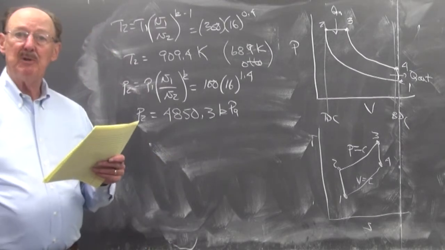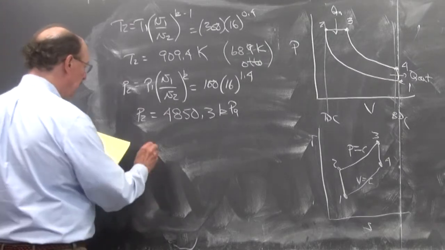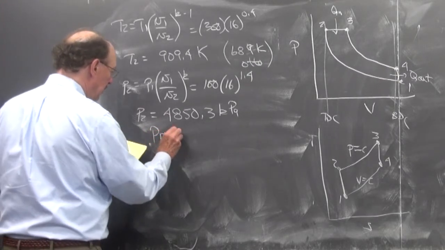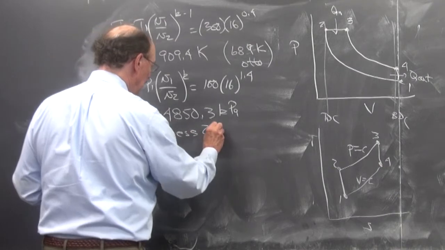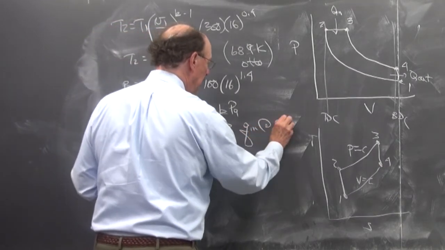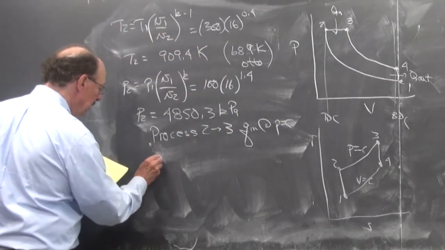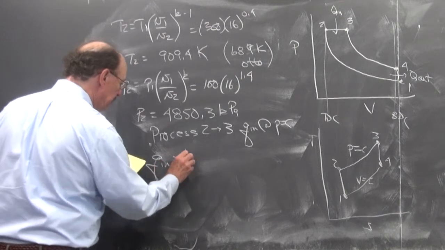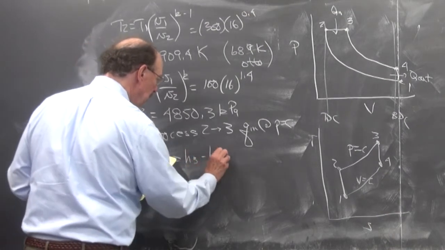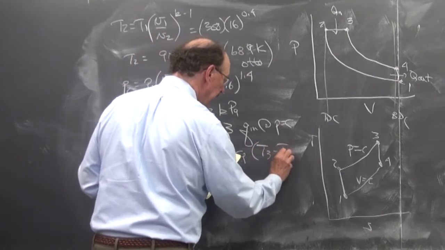Now the process from 2 to 3 is heat in at constant pressure. So heat in at constant pressure is equal to the change of enthalpy. So Q in is equal to H3 minus H2, which is C sub P times (T3 minus T2).